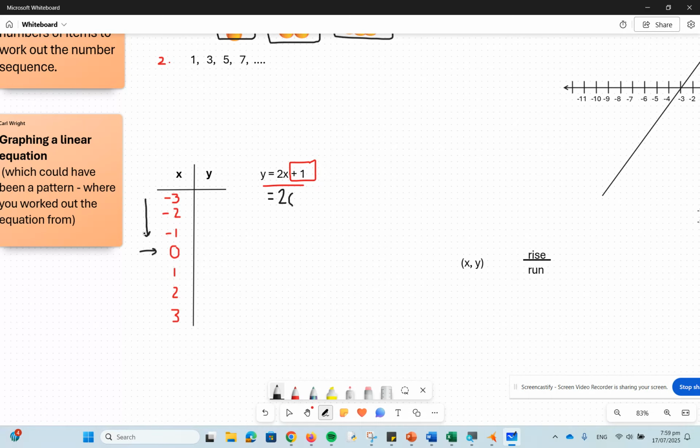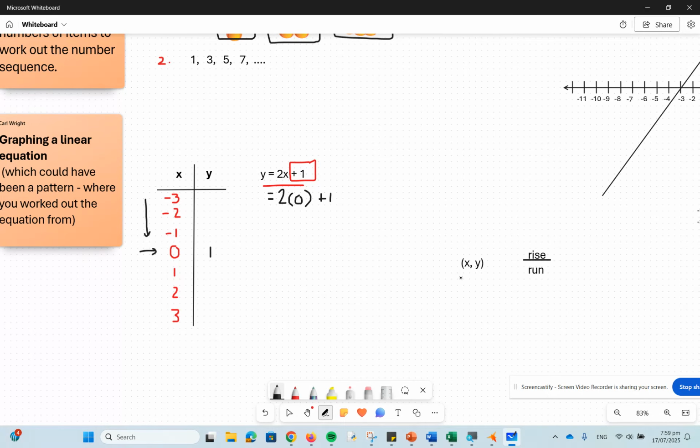The best one to start with is, instead of 2 times x, have 2 times 0. So substitute that in, and then add 1 on the end. So 2 times 0 is 0, plus 1 equals 1. So the corresponding number for the y is 1.